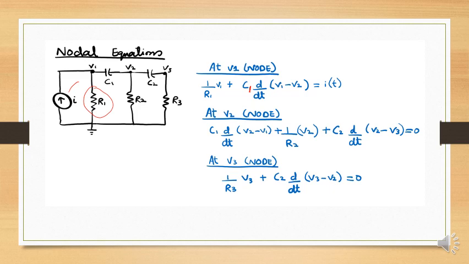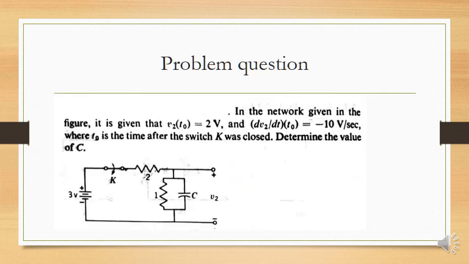Similarly, at node 3, 1/R3 into V3 plus C2 d/dt (V3 minus V2) is equal to 0. These are three equations at three different nodes, right? If you are given the values, you can solve it with the help of this method. This was all done previously.